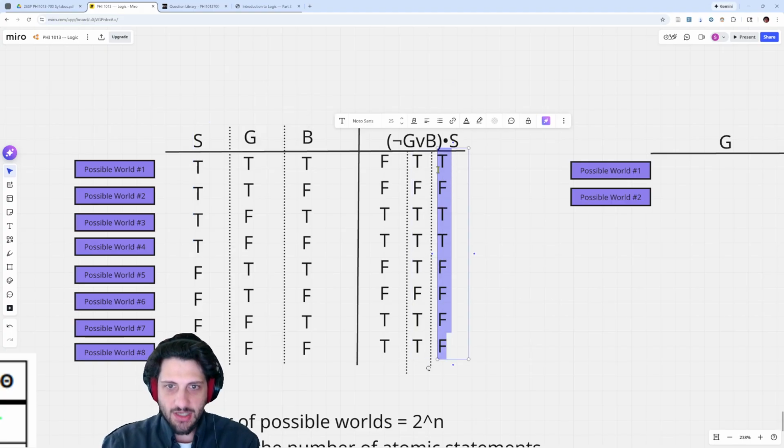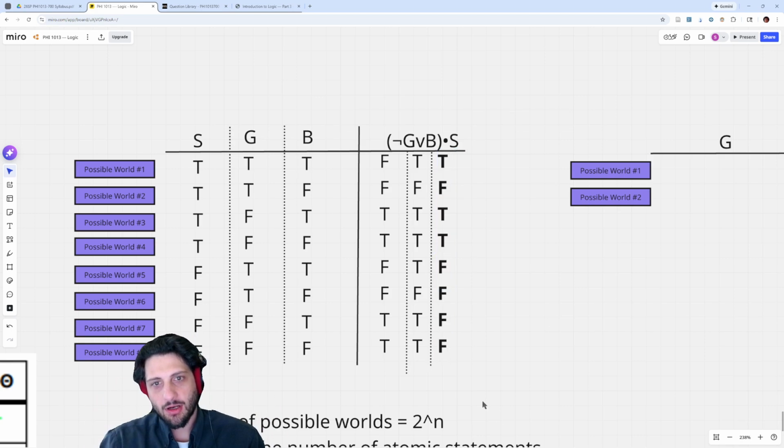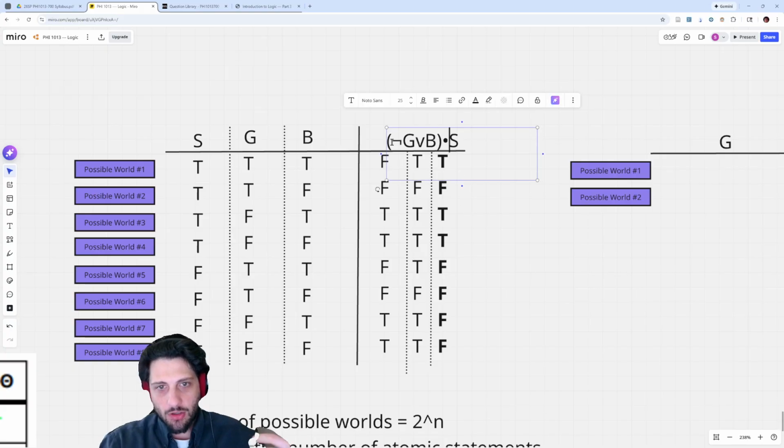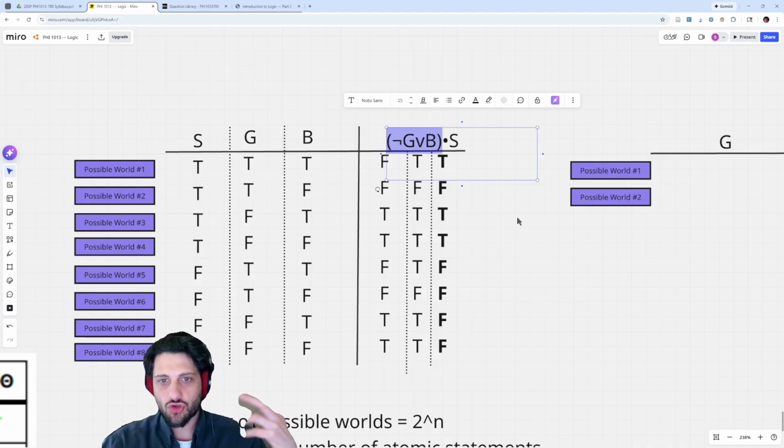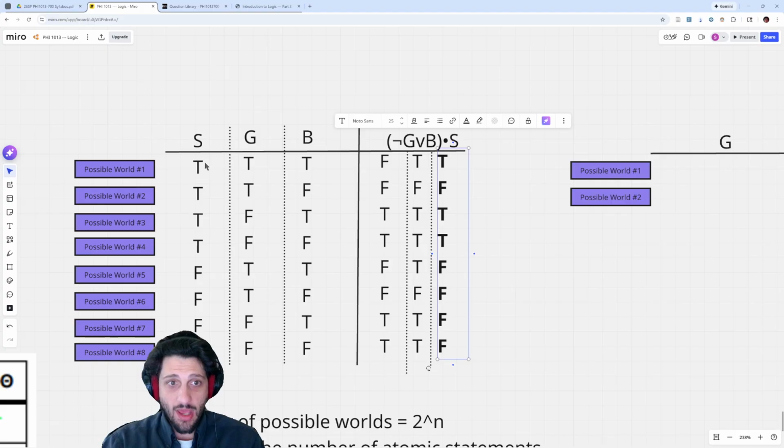And so this column is the truth value of the main operator. If you want to know when it is that both S and not G or B is true, well, it's true when S, G, and B are true.